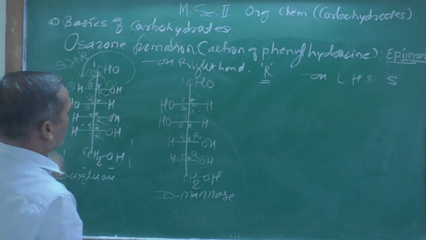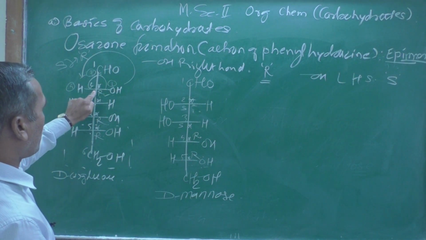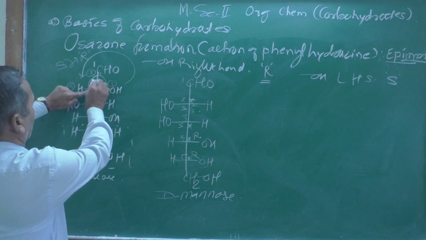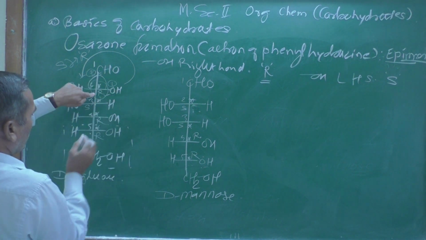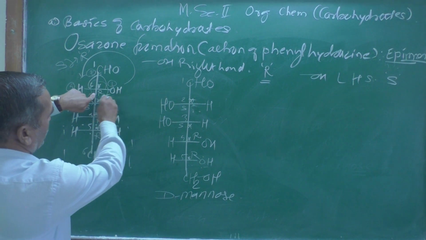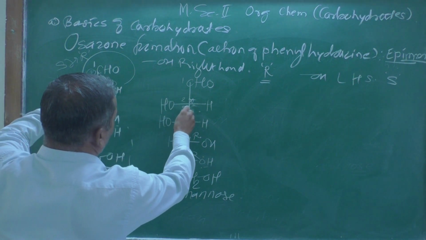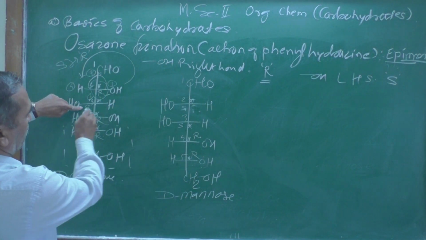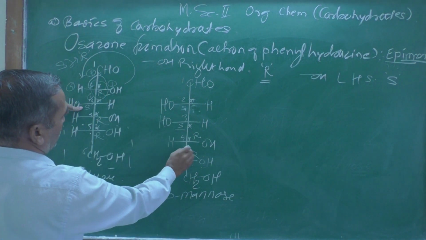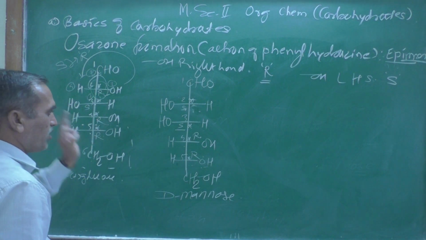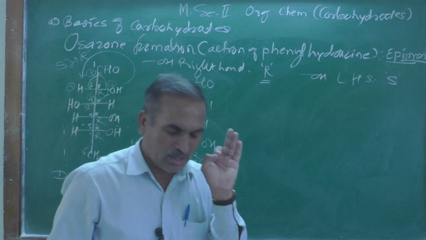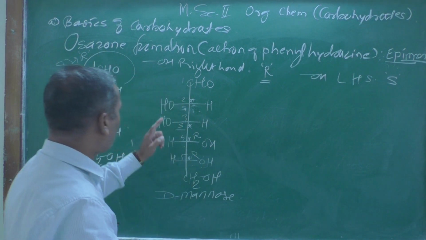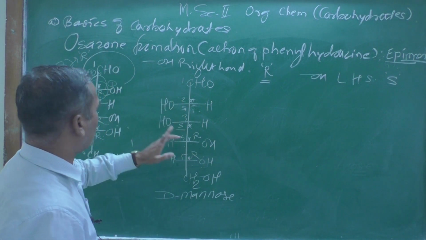Look at the first chiral carbon atom, carbon number 2. In glucose it has an R configuration, but in mannose there is an S configuration. For the rest, the 3 chiral centers have the same absolute configuration, S or R, no change.